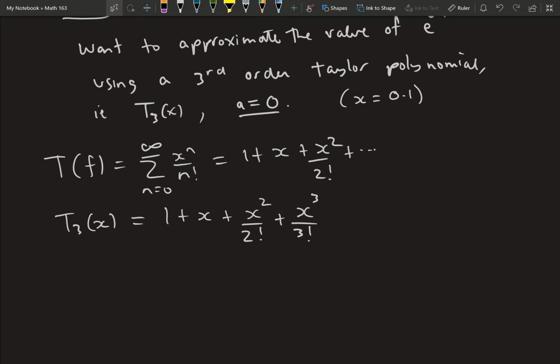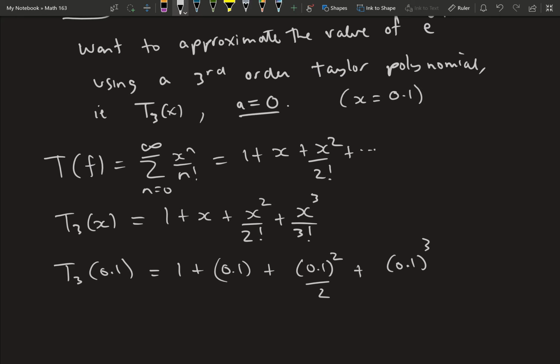And all we do now to get the approximation is plug in 0.1 as x, and then we use a calculator to get its value. If you compute it out, you'll get 1.10516666. And there's lots of sixes. Eventually they just put a 7 here because it's an infinite decimal expansion.